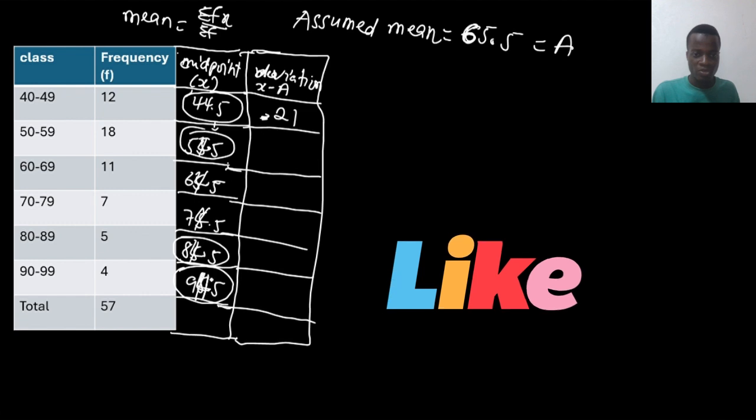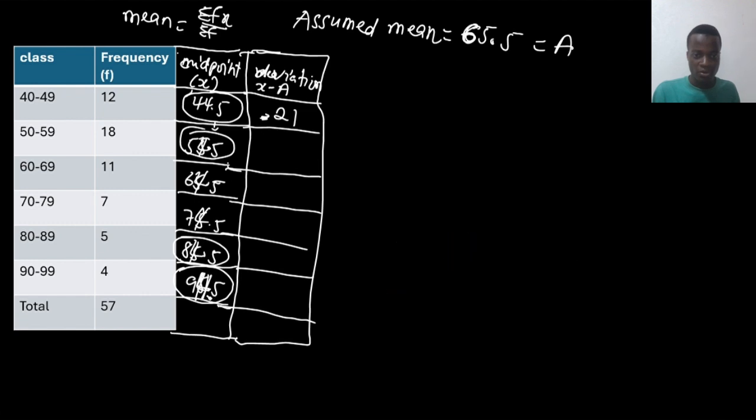So if you just do the calculation, correct that. I know some of you have corrected that. That's why it's very important to use your calculator alongside. 44.5, so 40 plus 49 divided by 2 will give you this. So now the next one should be 54.